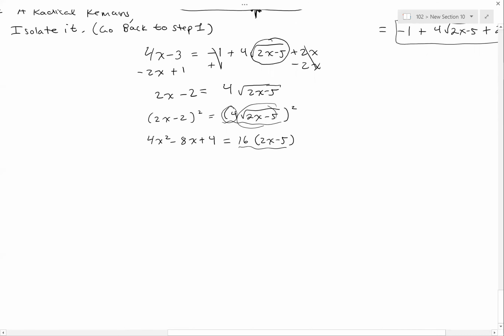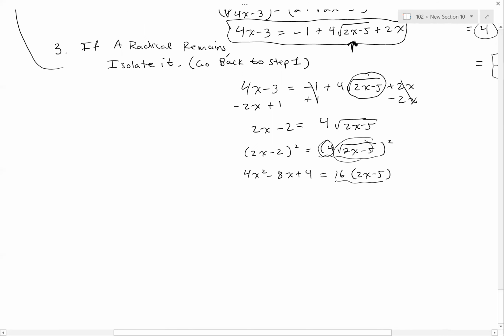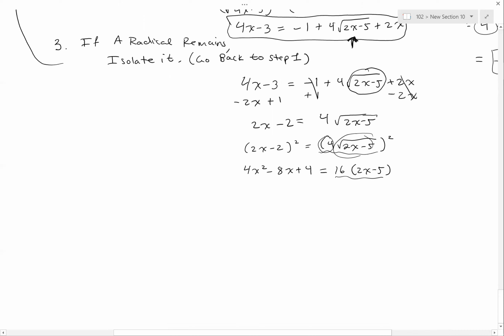So at this stage, there's no more radical. So this is when step 4 comes in. If there's no more radical, then you are going to solve directly or indirectly for the variable using previous techniques.